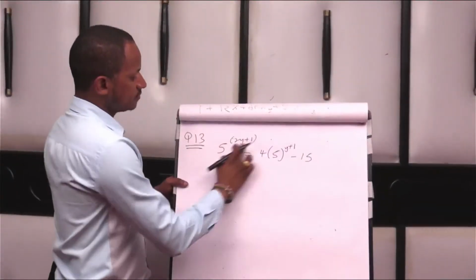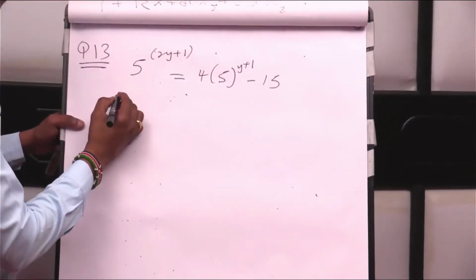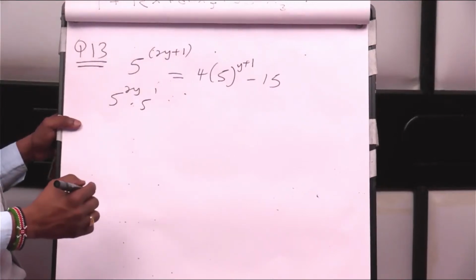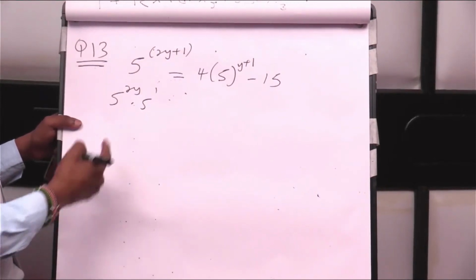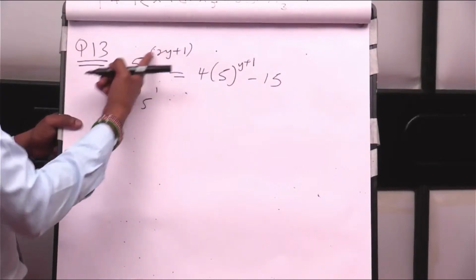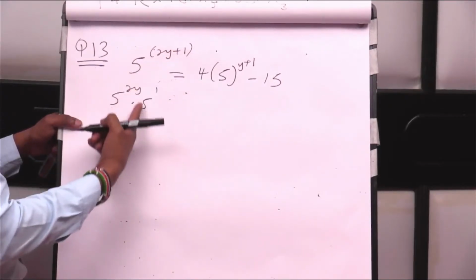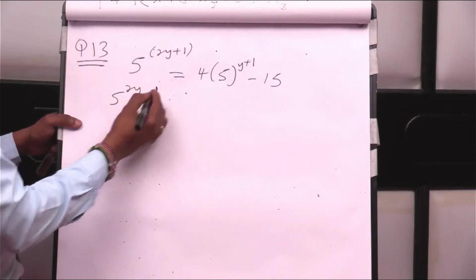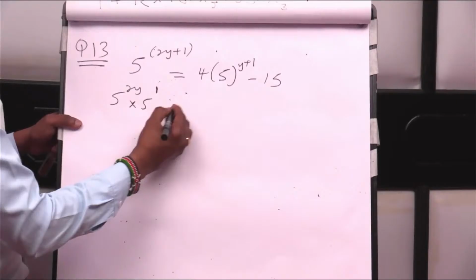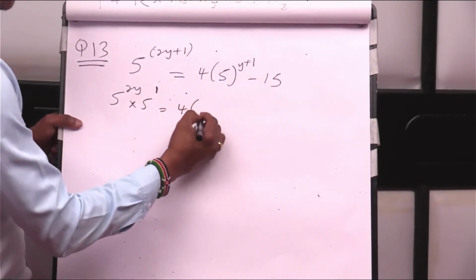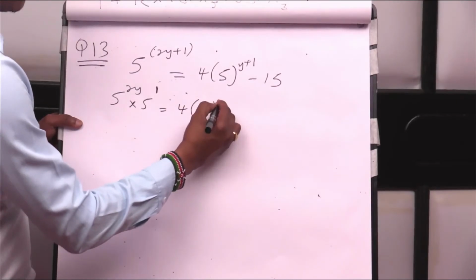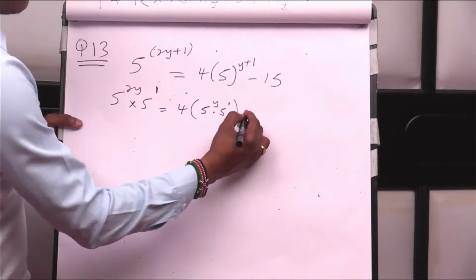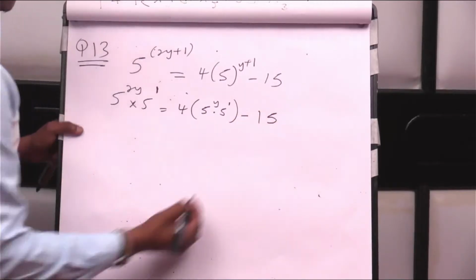Open up this. When you open up, this becomes 5 to the power 2y times 5 raised to power 1. These are by laws of indices. This 5 to the power 2y plus 1 means 5 to the power 2y times 5 raised to power 1, equals 4 times 5 raised to power y times 5 to the 1, minus 15.